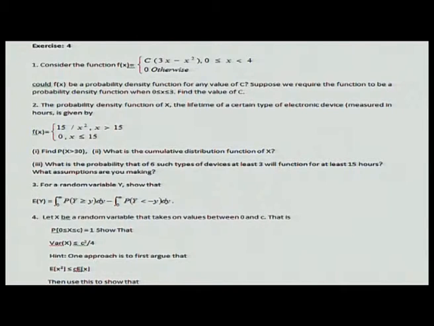In that case, the second part of the integral will not be there, because y less than minus t. So, here in question 3, I am asking you to show that for a non-negative random variable y, E(y) is equal to the integral from 0 to infinity of probability y greater than t dt. So, once you show this, then you can go to question 3 and do the rest, when y can take positive and negative values both. Okay.